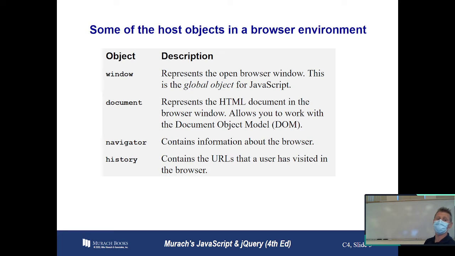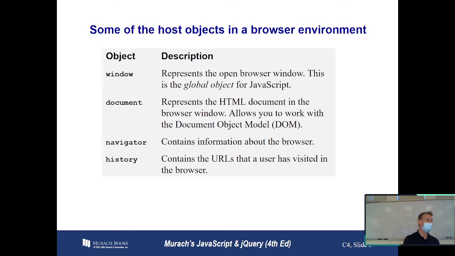The window object is referred to as the global object. I know I cover this, and the book covers it. The global object simply means that when you have a method, typically you say object name dot method name. That's the convention in JavaScript. When you say the window object is a global object, that just means you don't need to prefix window dot to the method names.